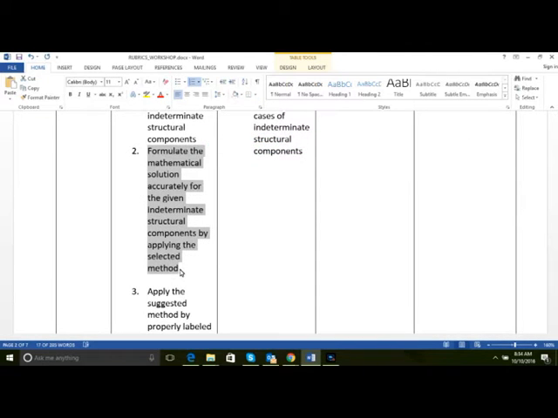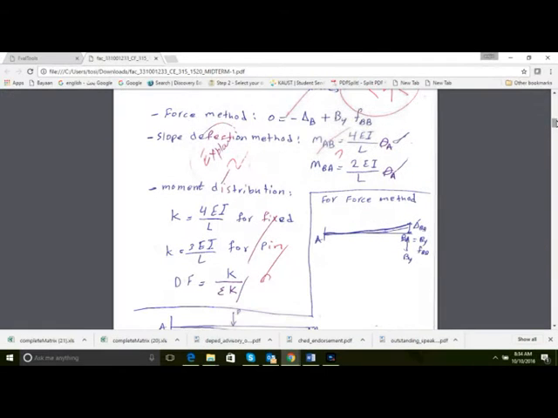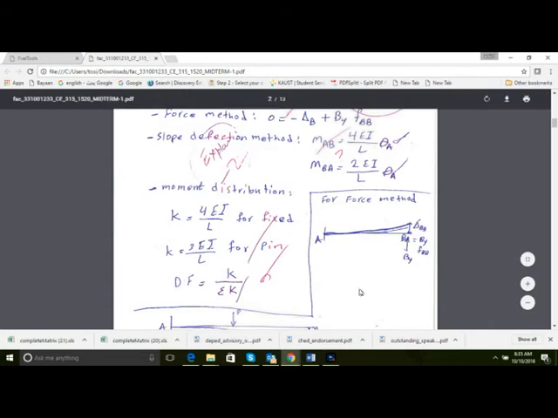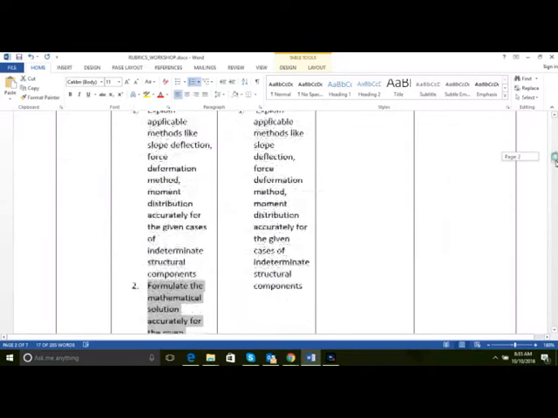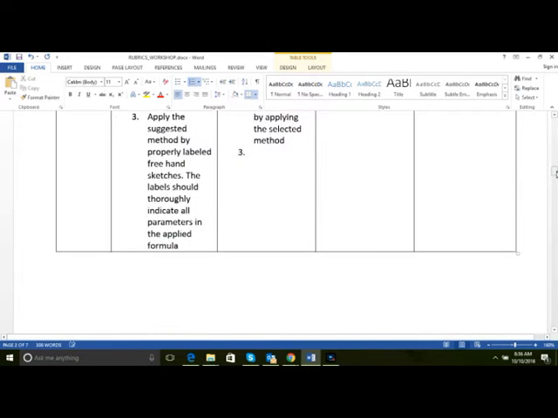The adequate category. Let's revisit student activity. The faculty decides the first step should be explain all given methods accurately. The second should be formulation of the mathematical solution for at least two of the given methods. And the third step should be apply the suggested method by properly labeled freehand sketches.